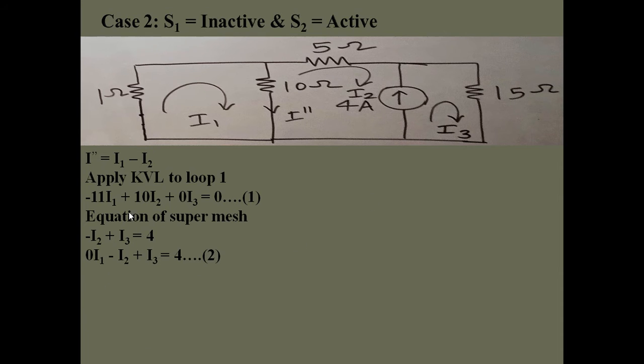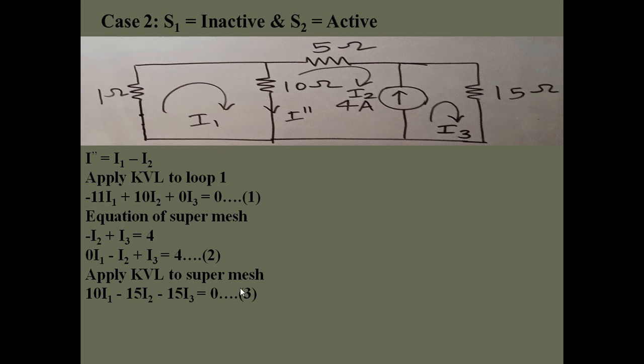So our generalized equation will be 0 I1 minus I2 plus I3 is equal to 4. After that we will apply KVL to the super mesh by ignoring this branch. We will consider KVL for this part. This will be our super mesh. So the equation will be 10 I1 minus 15 I2 minus 15 I3 is equal to 0. This will be our equation number 3.